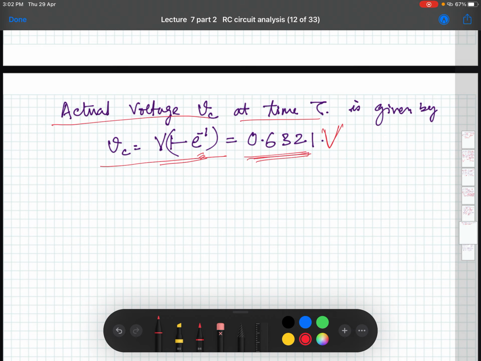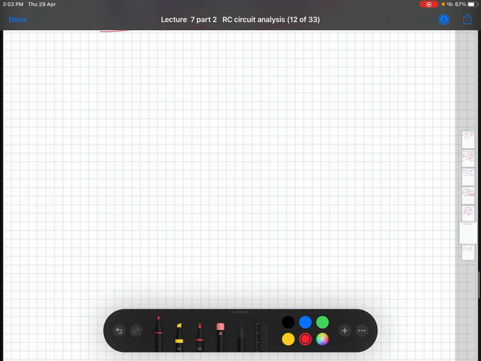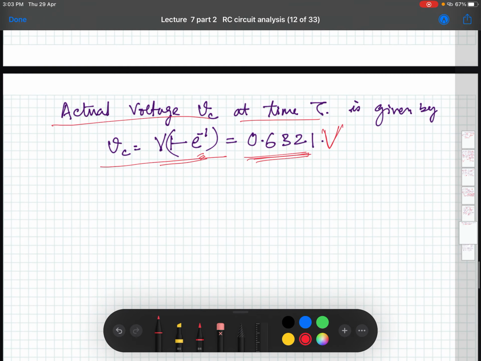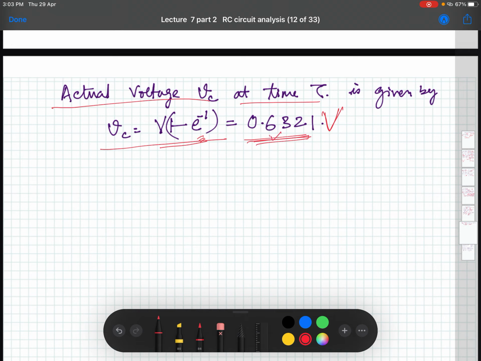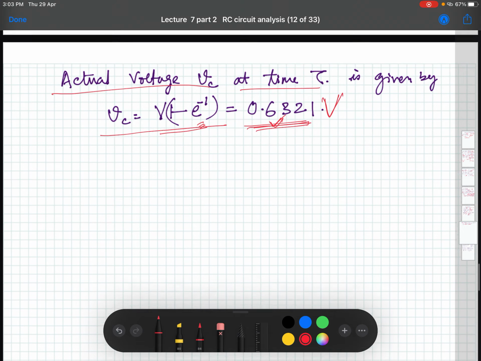So sometimes tau in a practical sense is defined based on this: if the circuit reaches 63% of the final voltage it has to reach, then that is the time constant of that particular circuit. Sometimes it may be defined this way, and practically it has importance because this can be measured practically for a circuit.